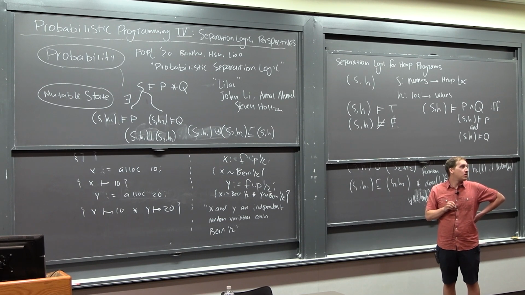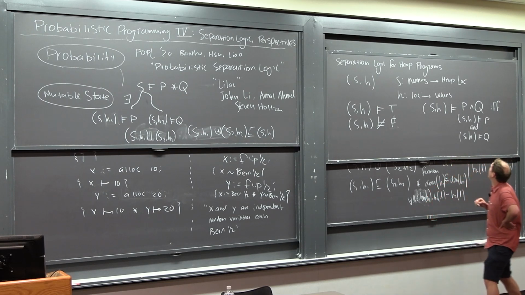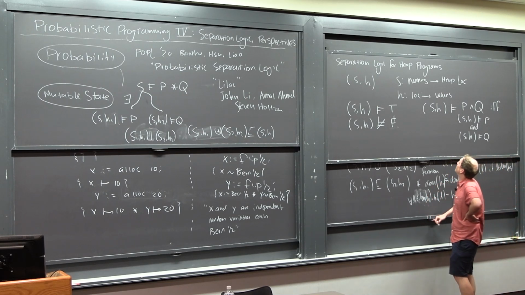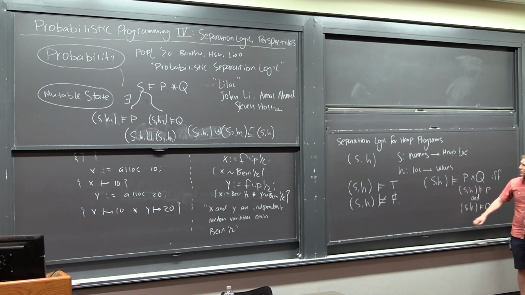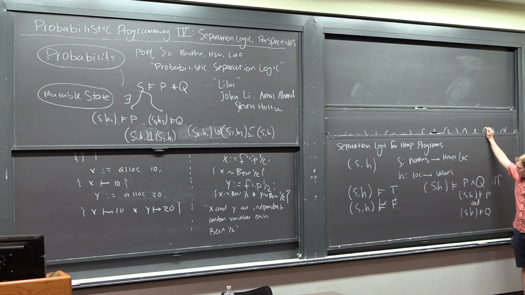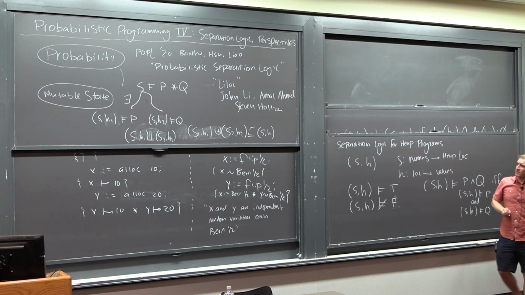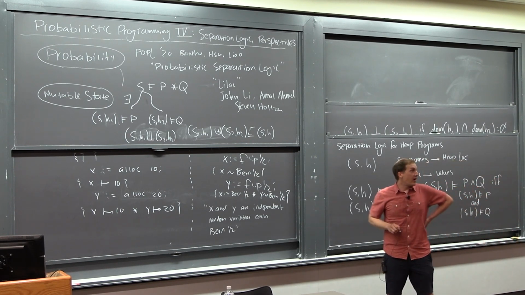Why does the subheaping relation not worry about the names in the store? That's a good question. It has to do with the interpretation of star that we're after.